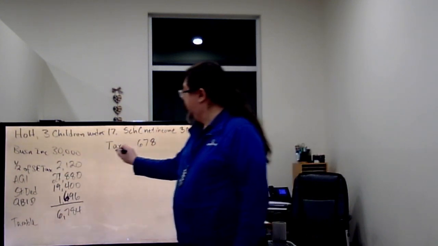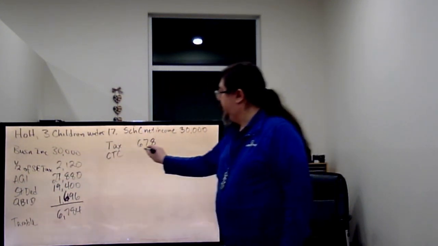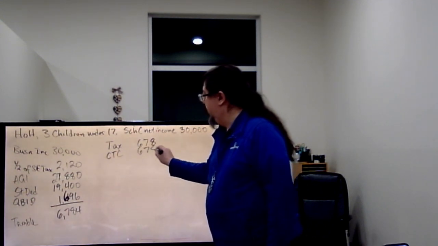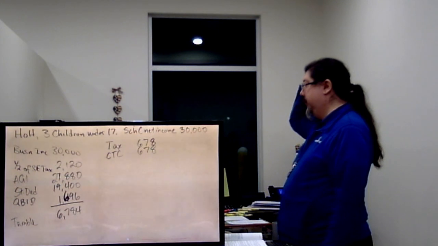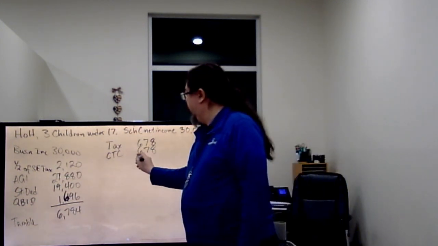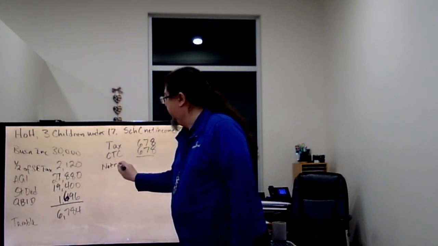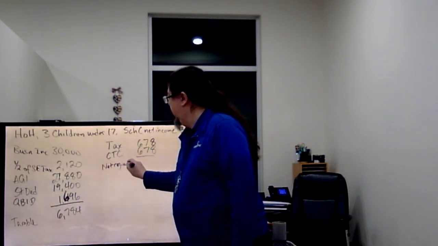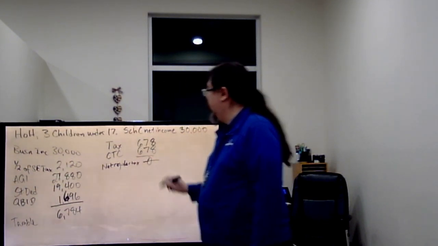And then they're going to have a child tax credit of $678, because remember, that part of the child tax credit is non-refundable, which brings their net regular tax to 0.